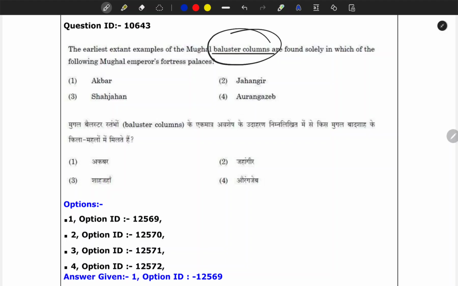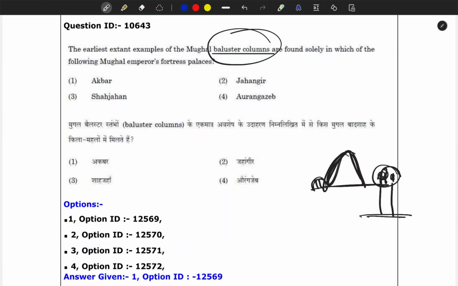So bluster columns, actually see, if you see in Taj Mahal, this is the main dome, okay. So in the domes, in the pillars, you'll see that there are small domes, and those were supported by small pillars. And in Taj Mahal also, apart from that, there were windows, and the windows were supported by small, round pillars. Those were called the bluster columns, okay.